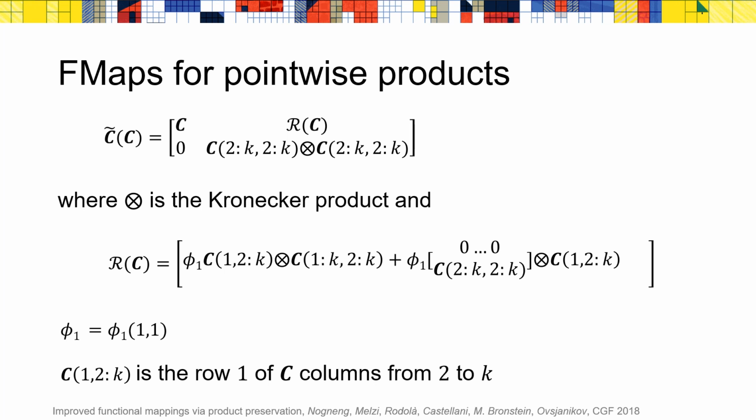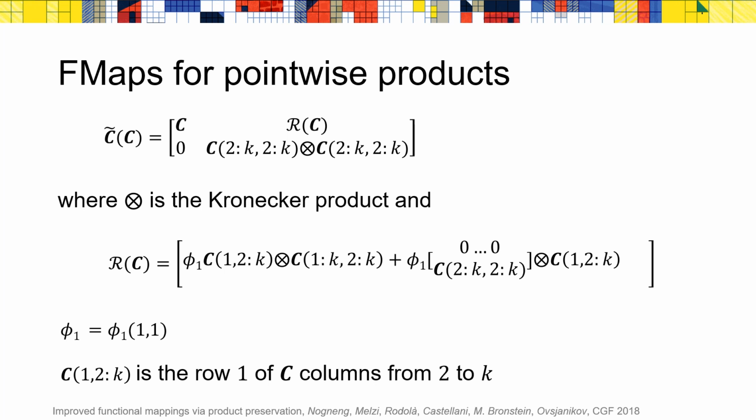So what is the relation between the functional map and this pointwise product? The pointwise product of Fourier basis cannot be represented as a linear combination of the Fourier basis, due to the fact that the pointwise product is not a linear transformation. And so we can obtain an extension of the functional map to a new functional map C tilde that is able to transfer also the pointwise product of the Fourier basis.